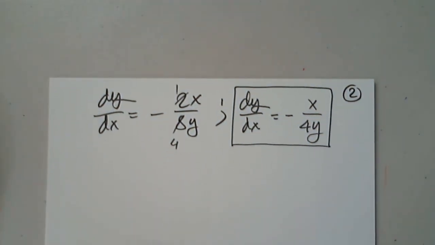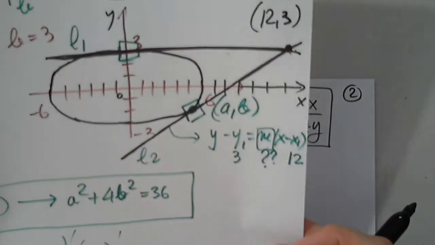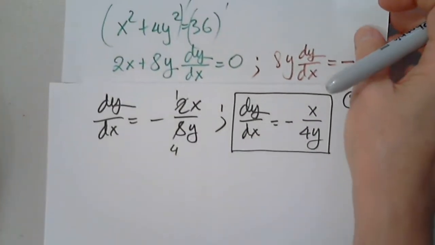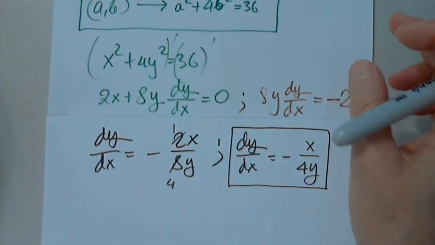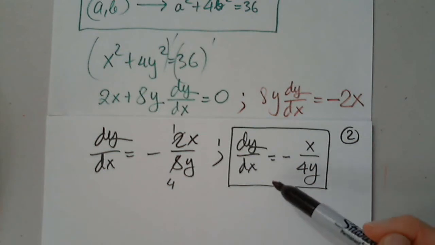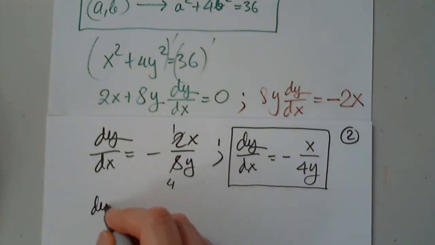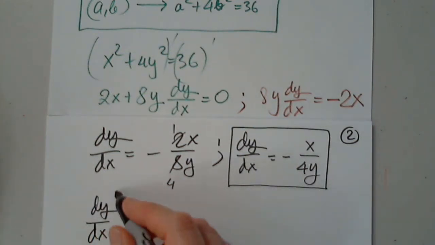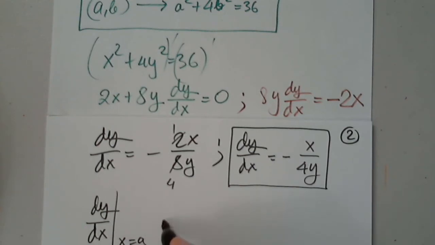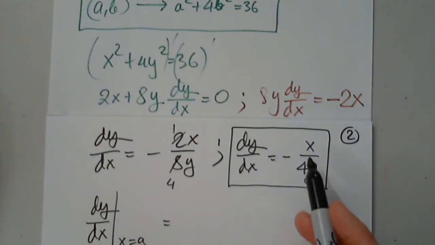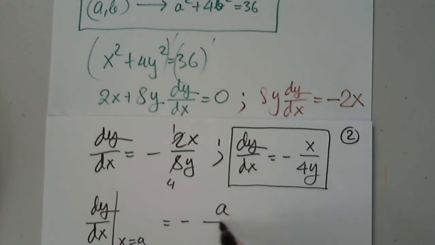So now, dy over dx, when x is a and y is b, at that point, this will be negative a divided by 4b.